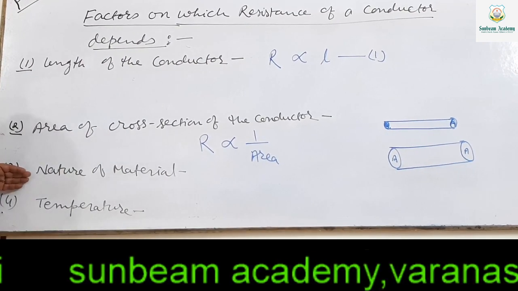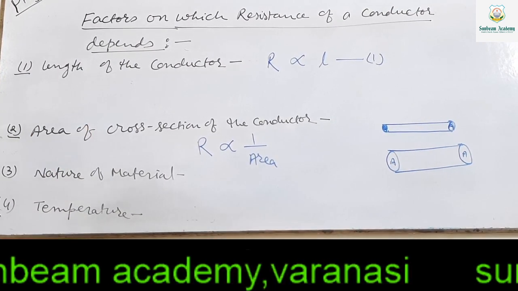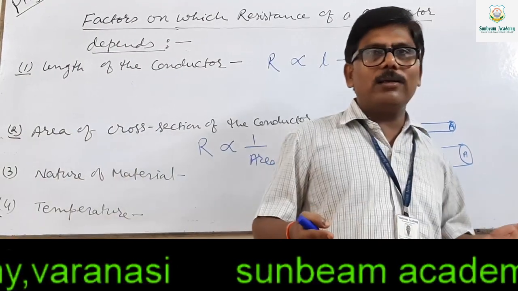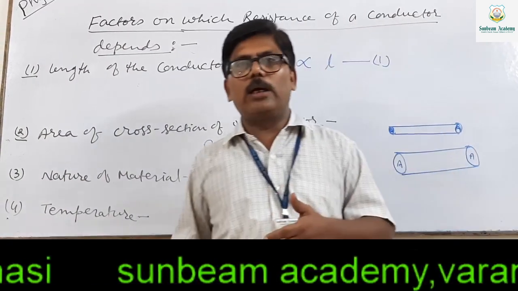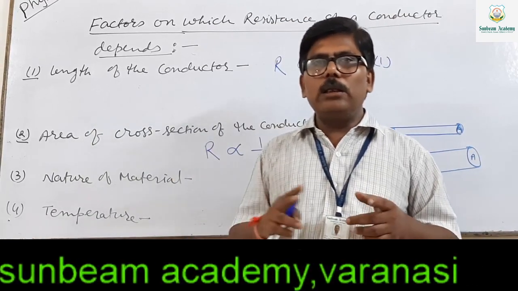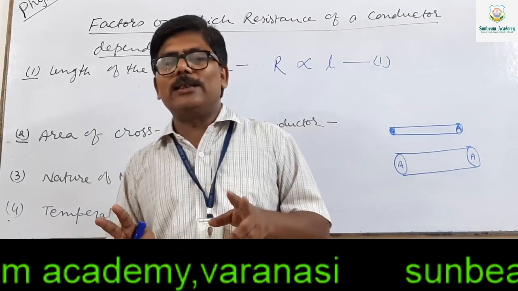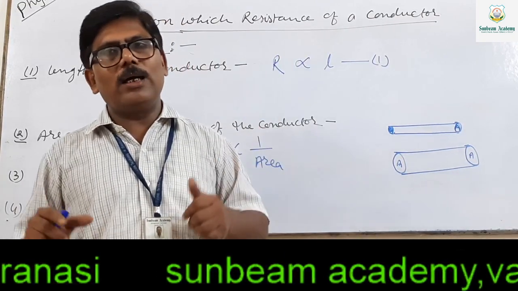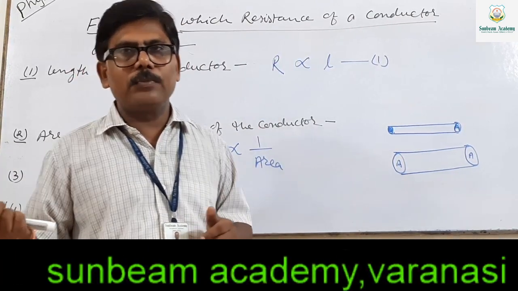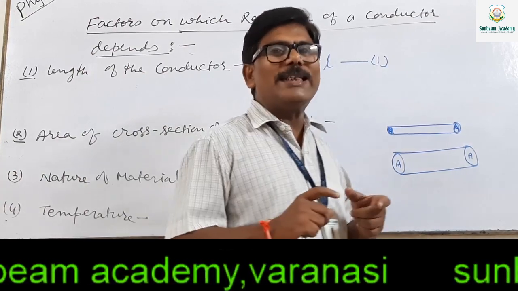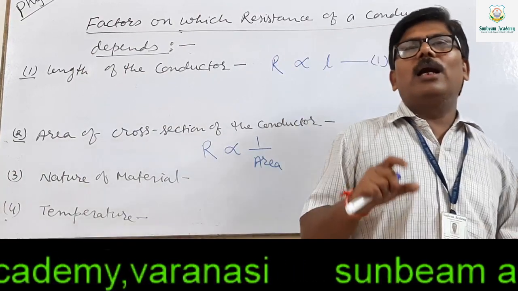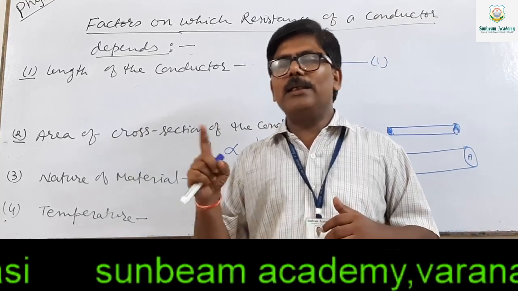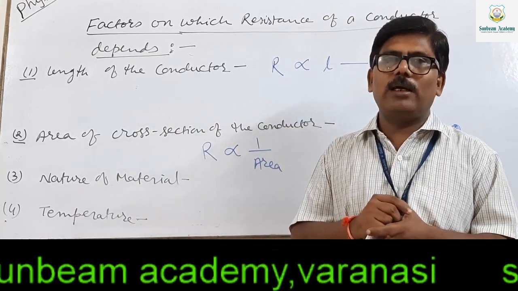So the resistance of a conductor is inversely proportional to the area of cross section. Now next is nature of material. Suppose you take copper wire and aluminum wire. Both are metals, one is copper, another is aluminum. But what we see, the copper metal has less resistance in comparison to the aluminum wire.